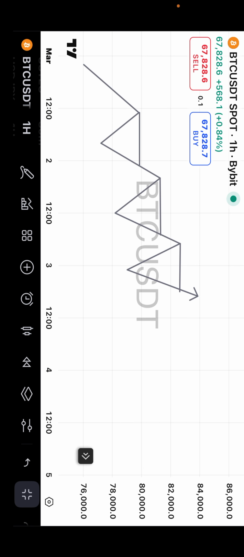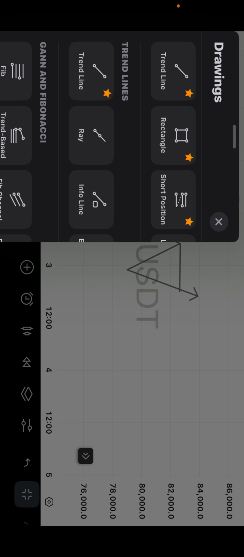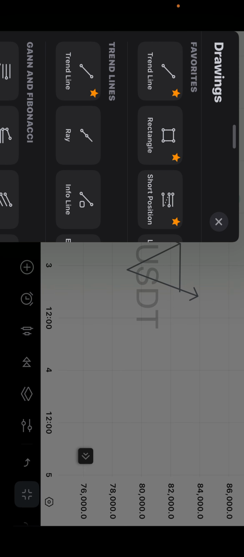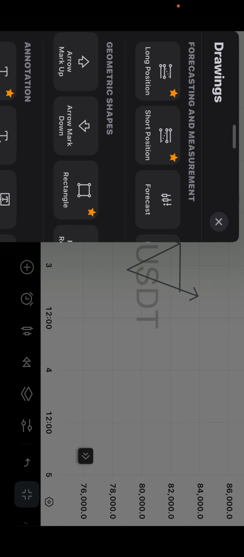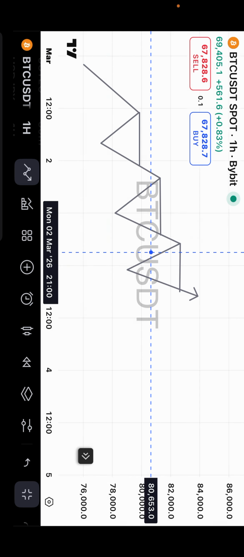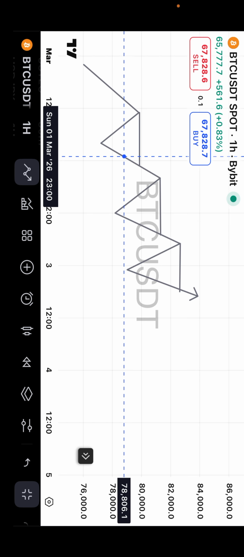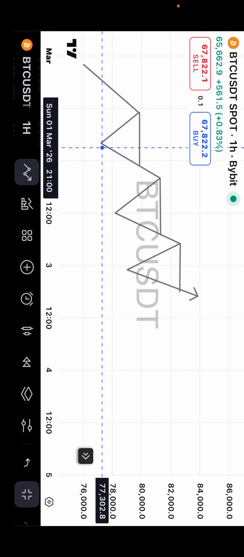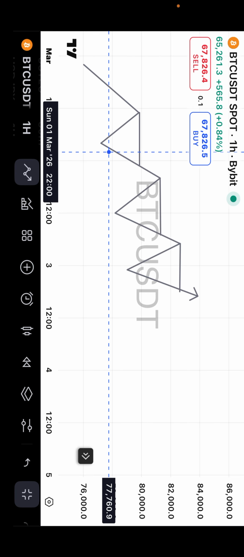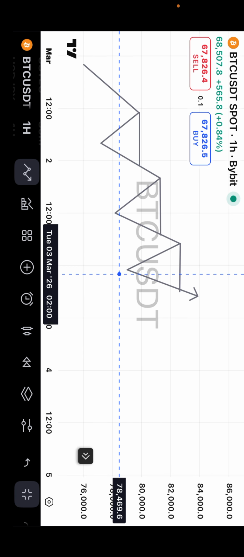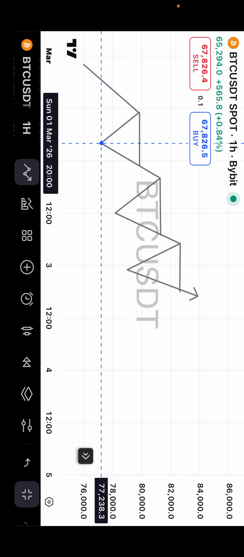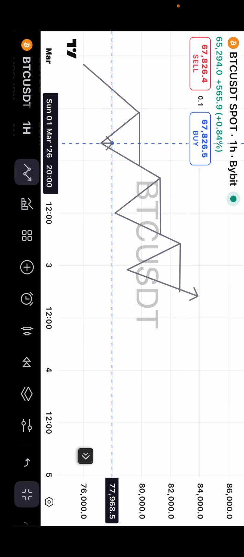Let's say, for instance, there are a lot of candles here, but you see a last candle that formed here, an indecision candle, something like this.